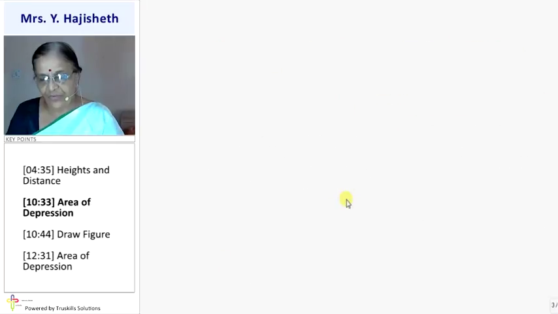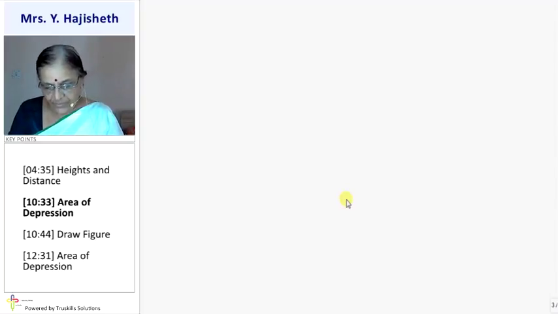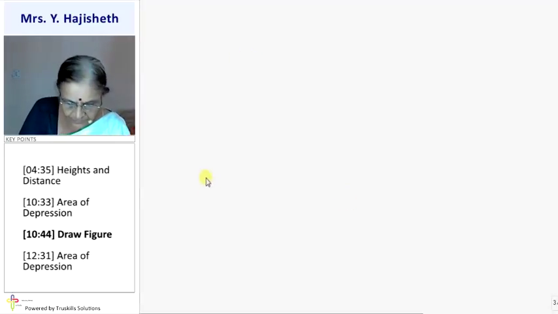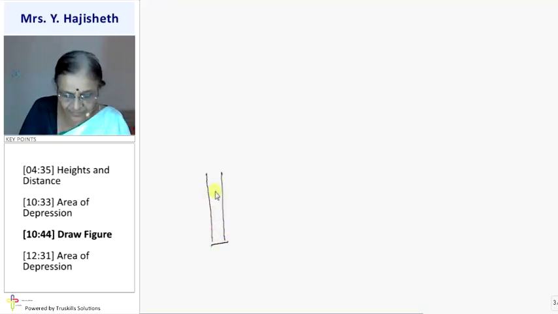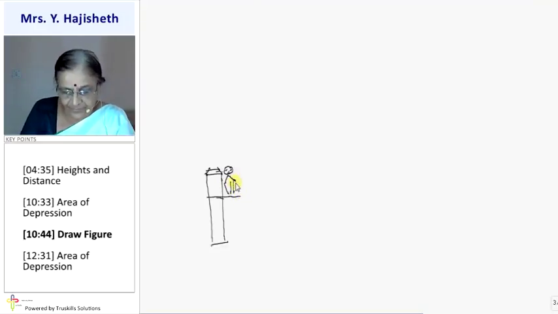Now I will define angle of depression. What is angle of depression? Suppose now I will draw here a figure. See, a person is standing here.